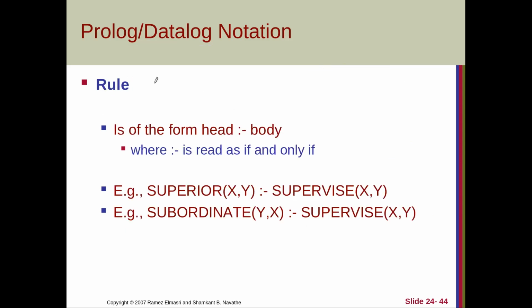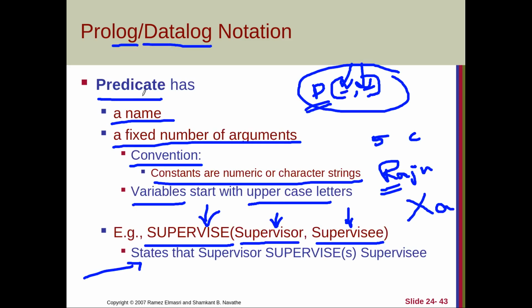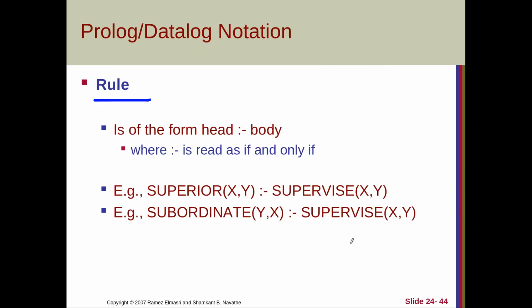Now how can we represent a rule in Prolog or Datalog? All the facts are represented in predicate format, like predicate within brackets with multiple arguments. Now a rule can be represented in the form of head colon hyphen body.